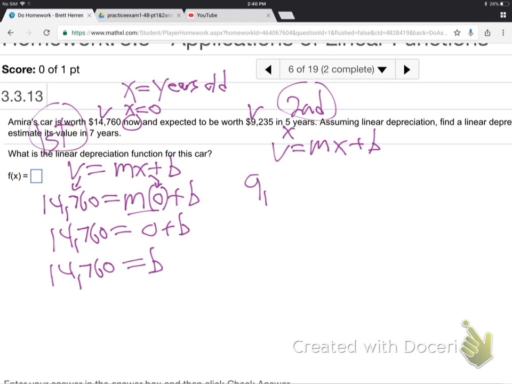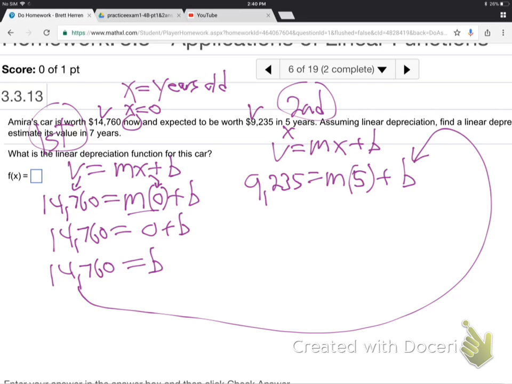So the value is 9,235 when X is, not 2, but 5 years old, plus B. Does that make sense there? And I know what B is from part 1.